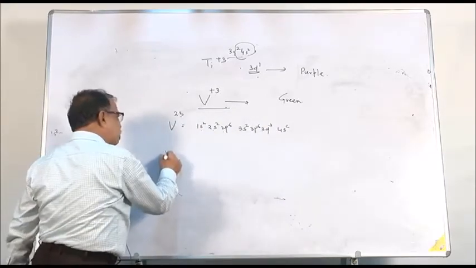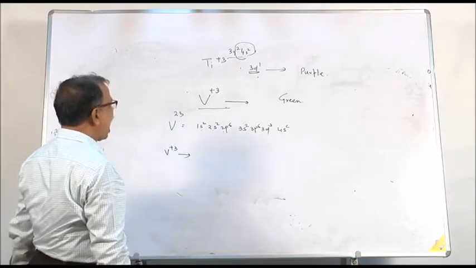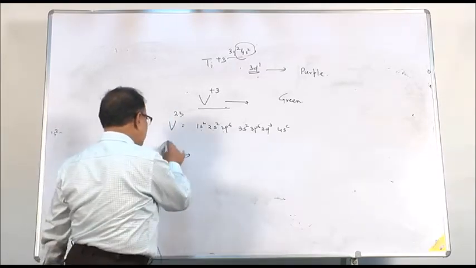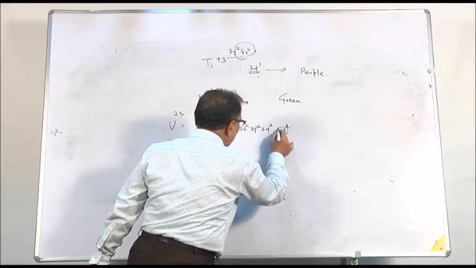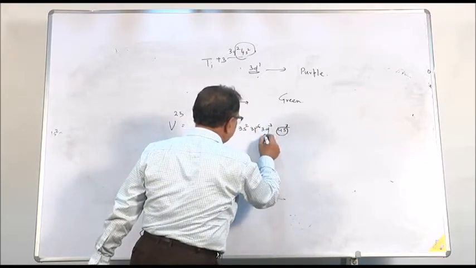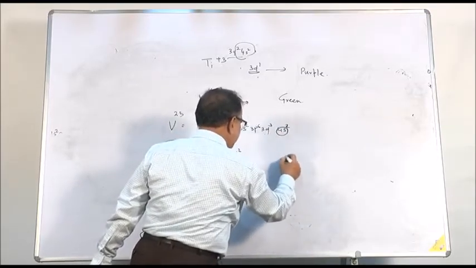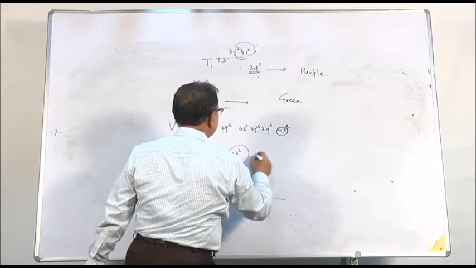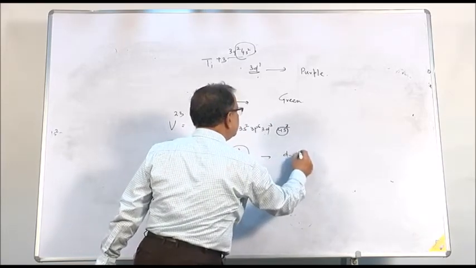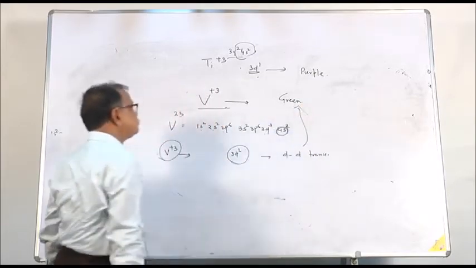So for vanadium plus 3, it loses 2 electrons from the 4s orbital and 1 electron from the d orbital, giving configuration 3d2. Since 3d2 has d electrons in a partially filled d subshell, d-d transition is possible, hence the color is green.